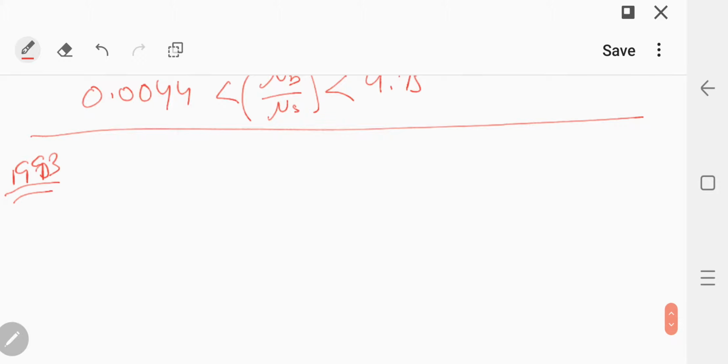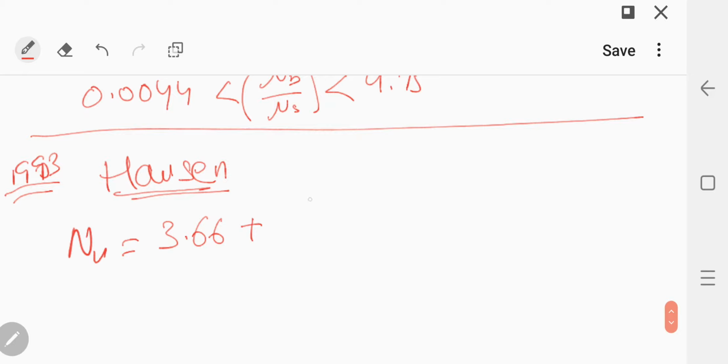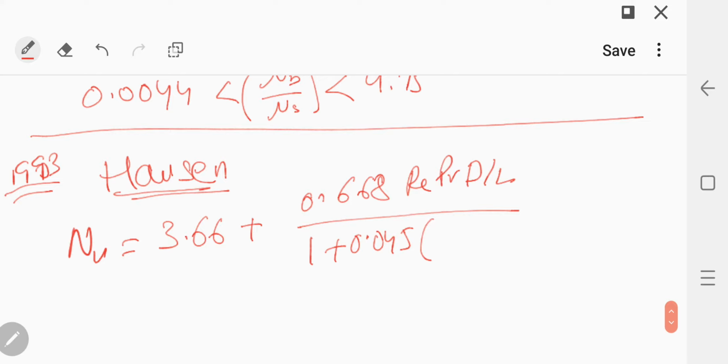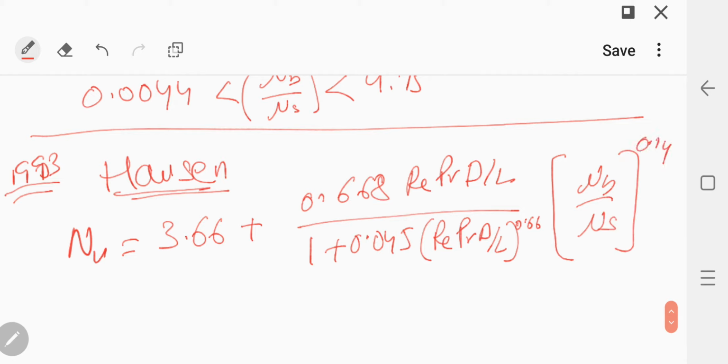1983, sorry, 1983, Hausen proposed another correlation for Nusselt number prediction, and that is Nusselt number is 3.66 plus 0.668 Reynolds Prandtl d by L over 1 plus 0.045 Reynolds Prandtl d by L to the power 0.66, into mu b by mu s to the power 0.14.